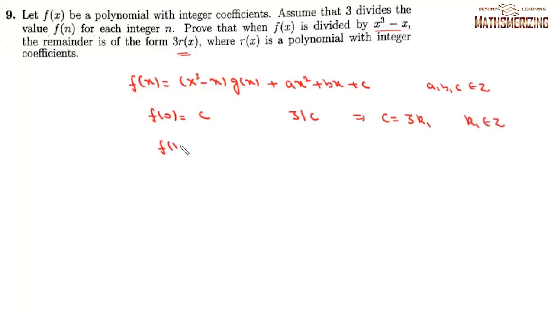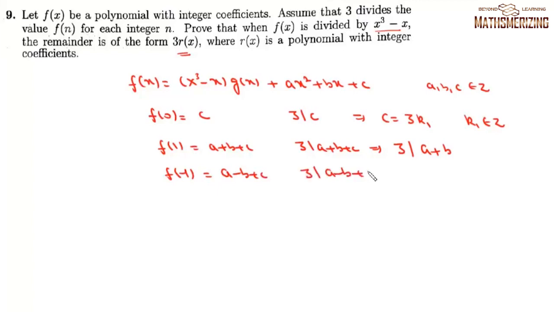Now if we look at f(1), it is a + b + c, and again 3 divides a + b + c. Now 3 also divides c. From here we can say 3 divides a + b. In the same way, if we find f(-1), it will be a - b + c, and again 3 divides a - b + c, or we can say 3 divides a - b.